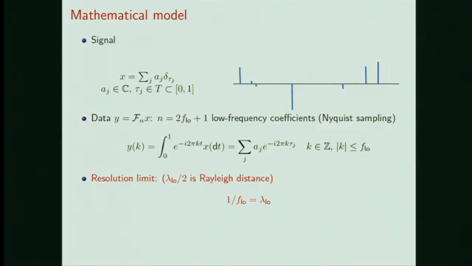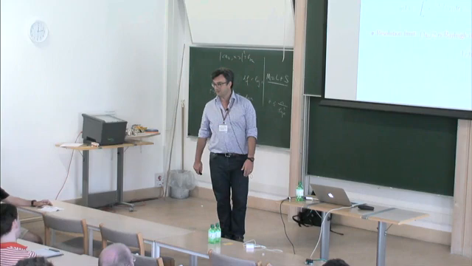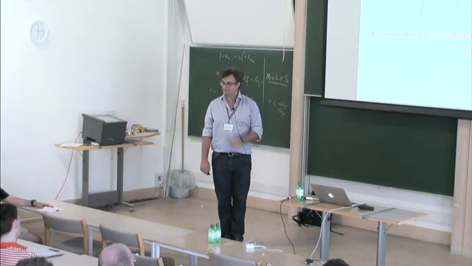There's a resolution limit, which is 1 over the frequency cutoff, and below this Rayleigh limit, I don't have any right to talk about the details of the signal because I don't see them. But I know the resolution limit.